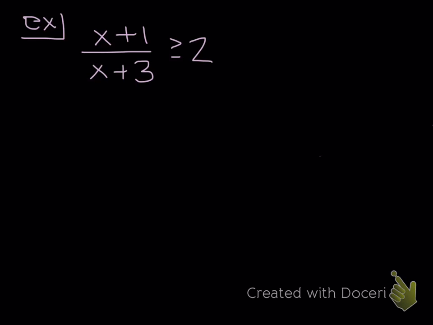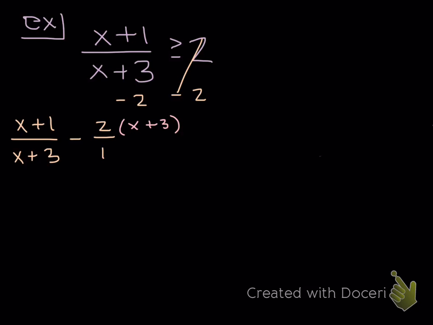Just like yesterday, the basic concepts are the same, in that I need it equal to 0. So I'm going to subtract 2. So I have (x plus 1) over (x plus 3) minus 2 over 1. And I'm sure you all know I'm about to say you need to get common denominators. So I'm multiplying by an x plus 3, top and bottom.